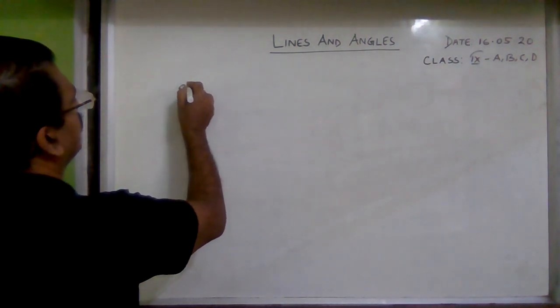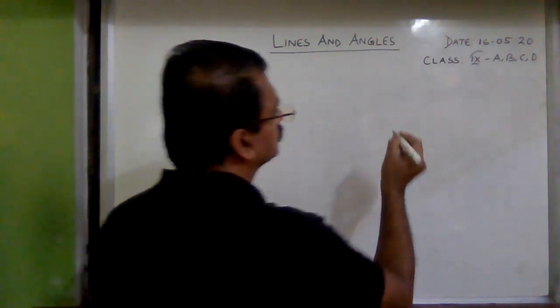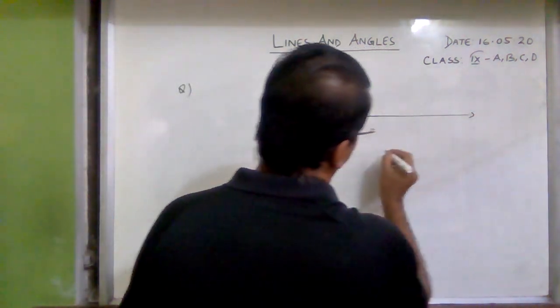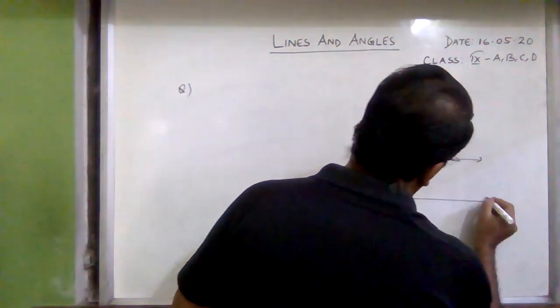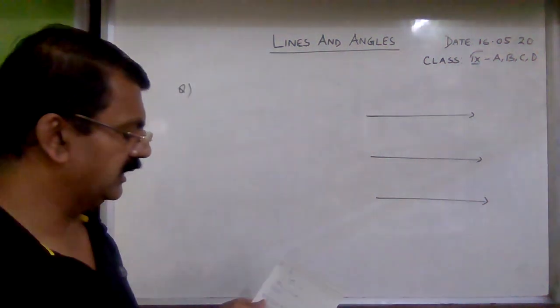The next question is, there are three lines which are parallel to each other.